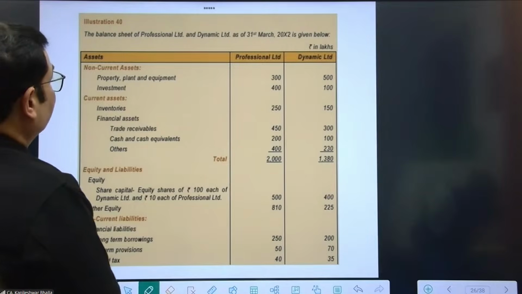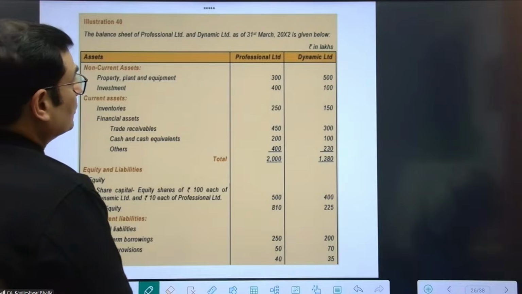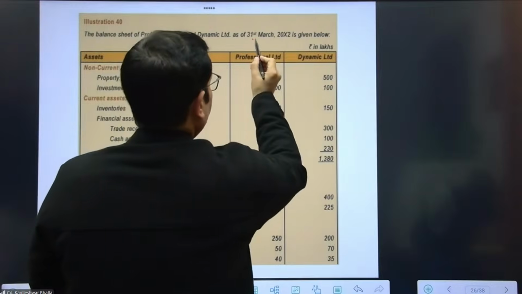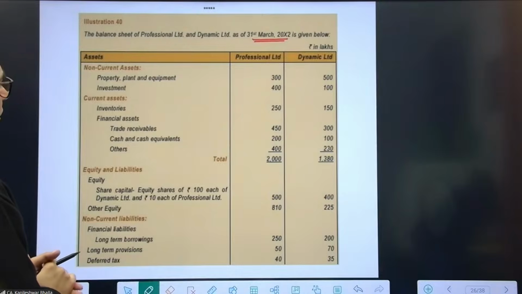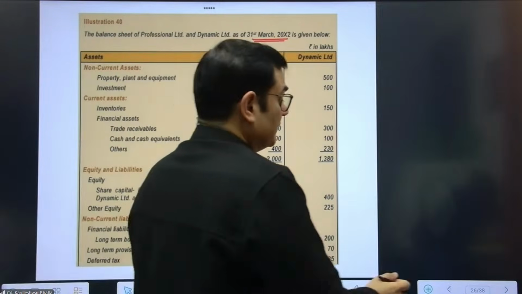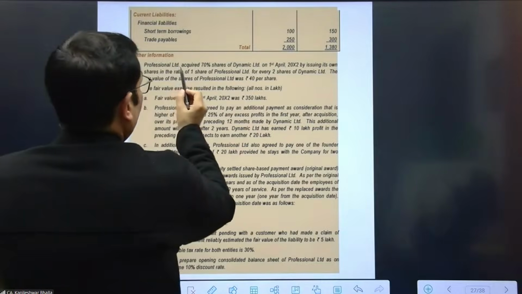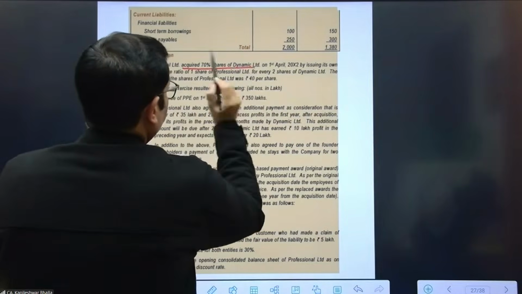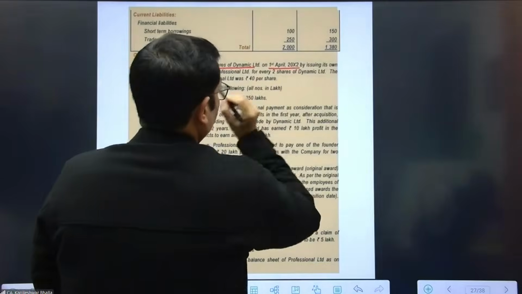It says the balance sheet of Professional Limited and Dynamic Limited on 31st March X2 is given. I think there's nothing much I can see on the balance sheet so far. Whatever data we need, we'll see it later. And then in the additional information, I am given that Professional acquired 70% shares of Dynamic, and that is on 1st April X2.